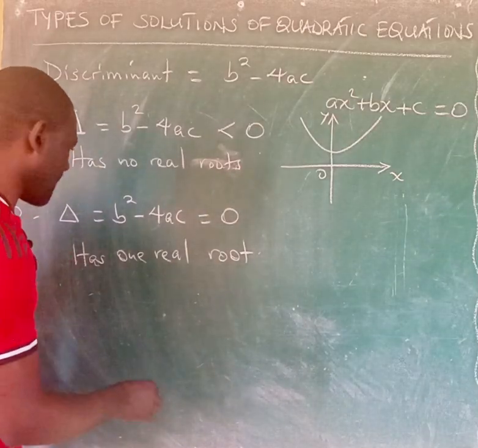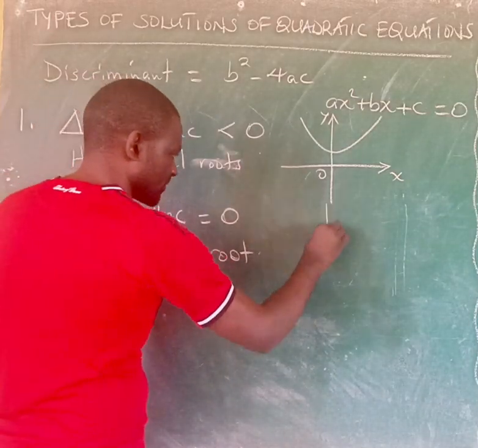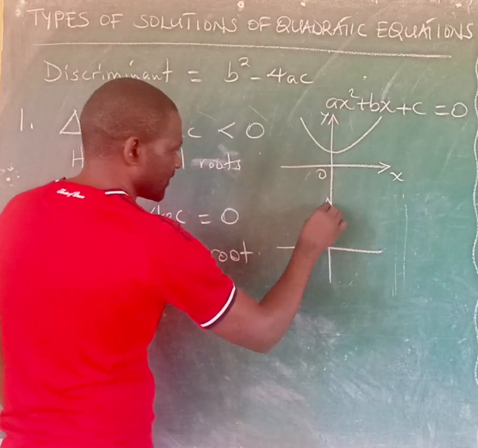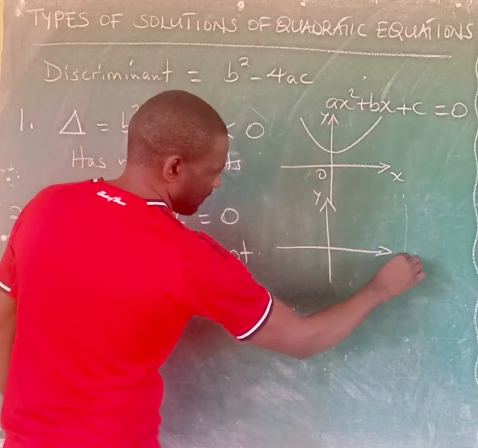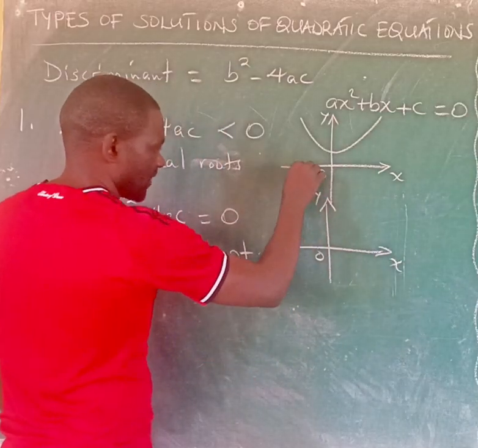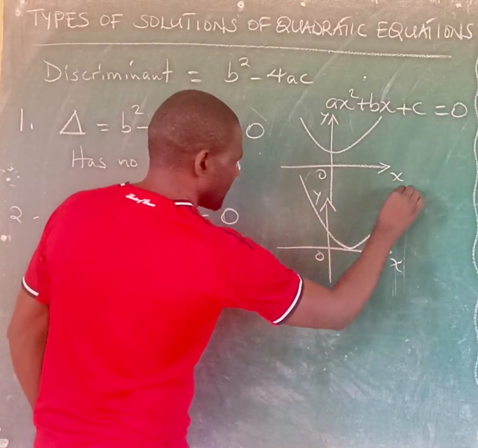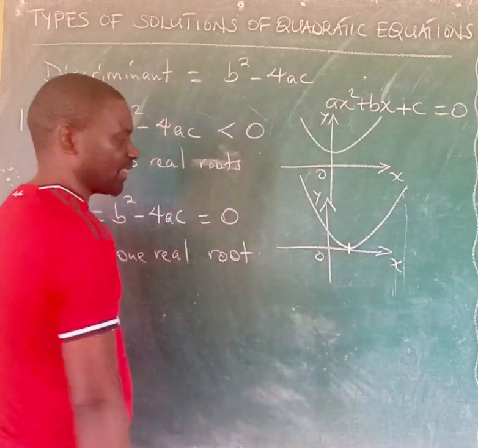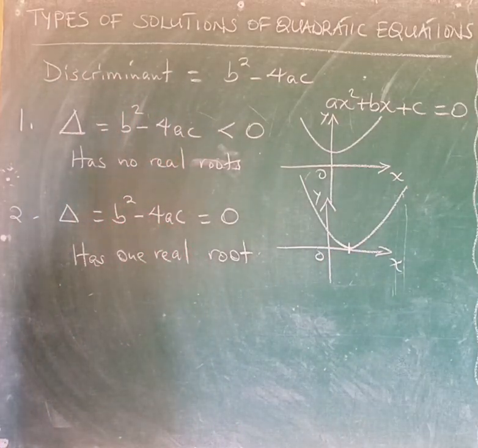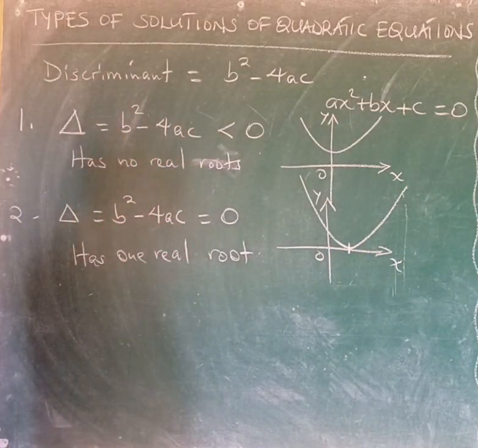So for this type, you put it on the x-y plane, the function will come like this and it will turn right at the x-axis. So it will not cut across the x-axis, but the x-axis will be a tangent to it.